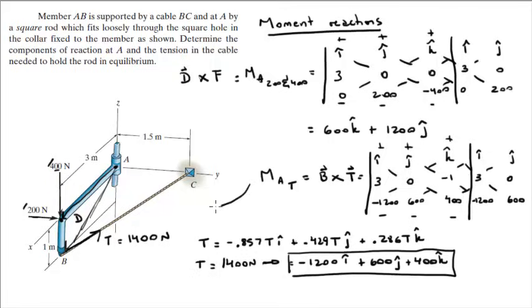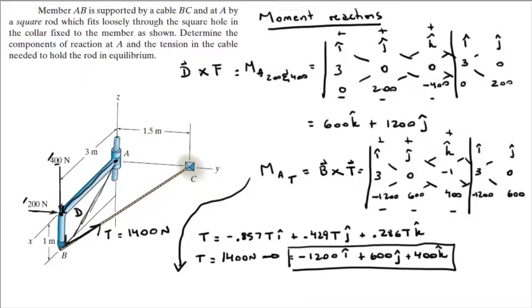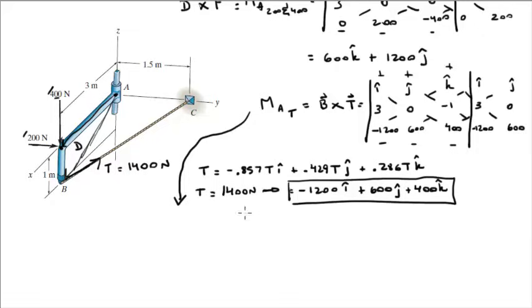And I'm gonna rewrite this here. Actually, I can slide down a bit. Hold on, that's better, more space. So the moment at A due to T, I'm basically doing positive diagonals. The first one's 0, the second one is j times -1 times -1200, so that's positive 1200j. The third diagonal is k times 3 times 600, which is positive 1800k.